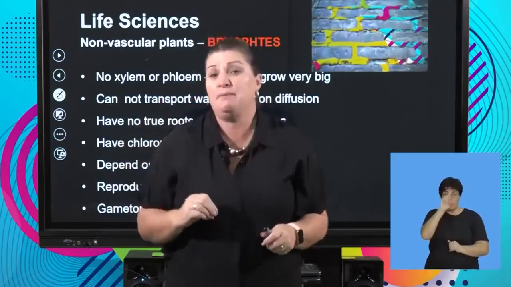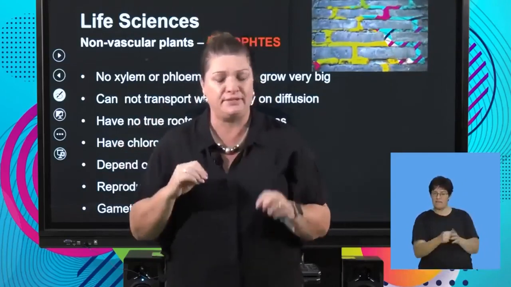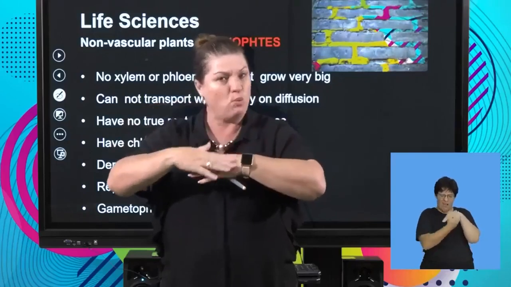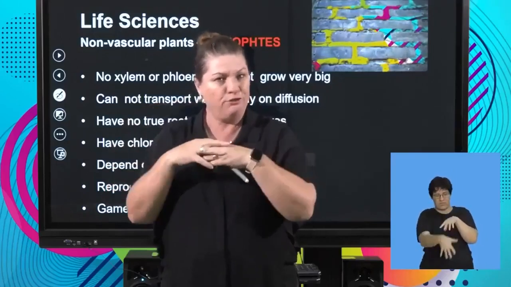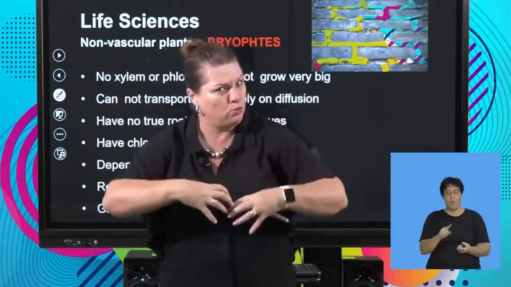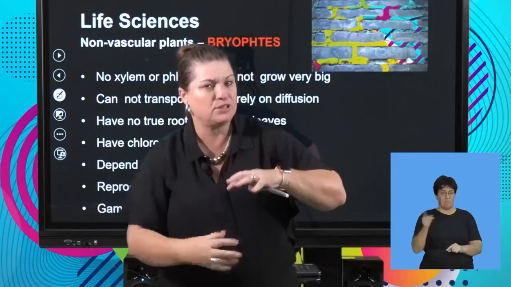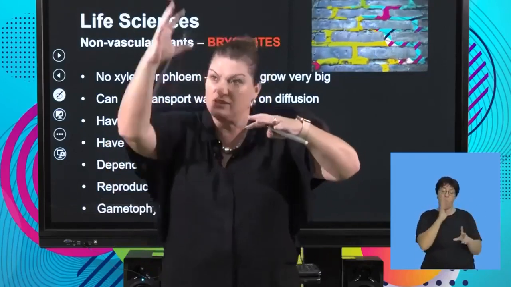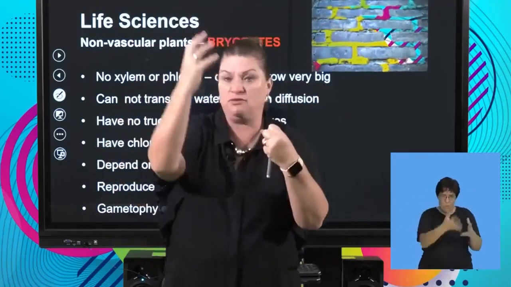If you remember on your module when we looked at leaves, leaves have a cuticle, like a waxy substance over them, so that we can't lose water and we can't absorb water, because we need to get it from the roots. Moss doesn't have that. It has a single layer of cells that water can just diffuse into.